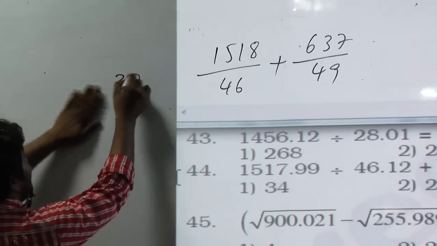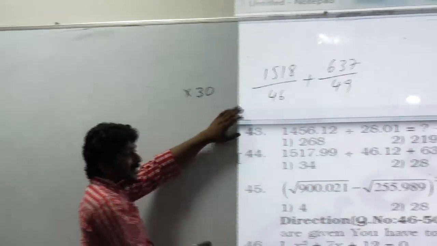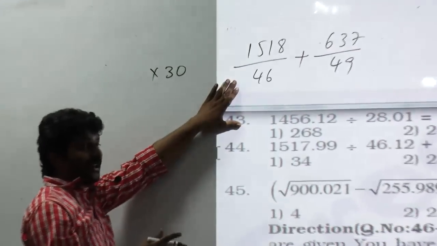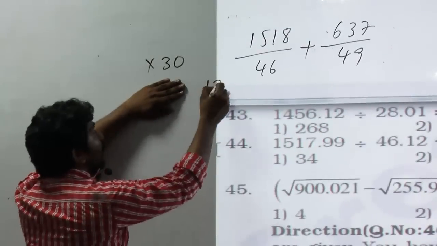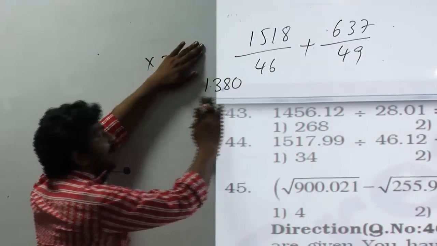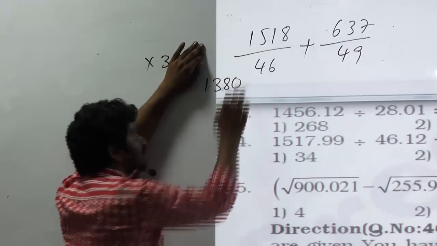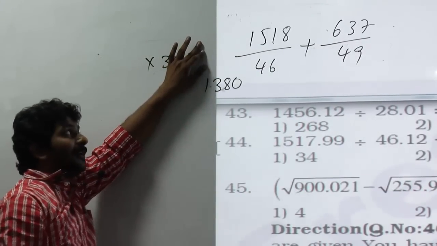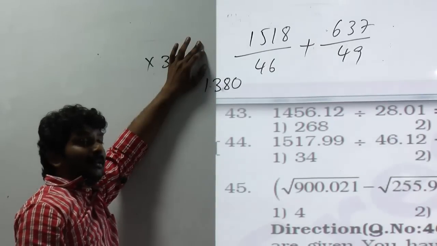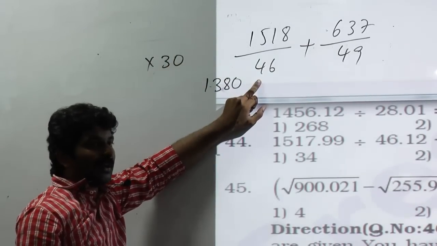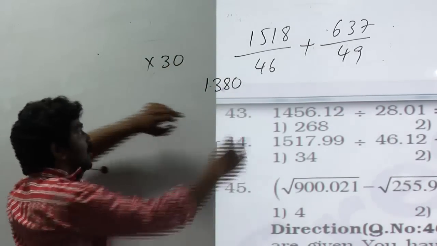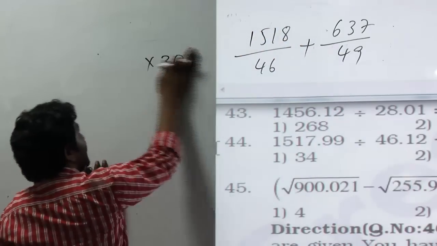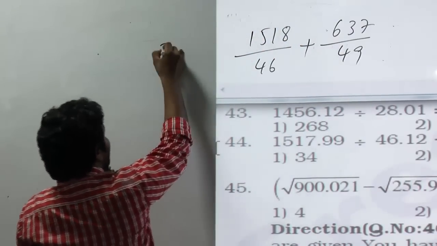So 30 times will be 1380. Apart from 1380, how much extra value you have? 138. That is near about again 3 times, right? So how much is this? 33. So total this value is 33.